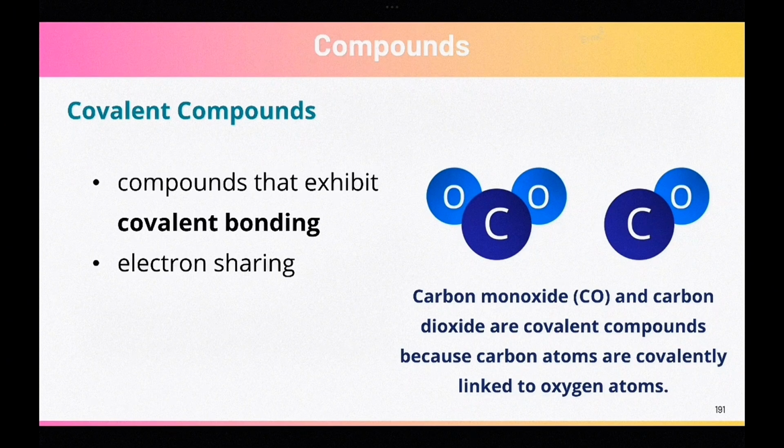For the covalent, these are compounds that exhibit covalent bonding, which means electron sharing. So carbon monoxide and carbon dioxide are considered covalent compounds because carbon atoms are covalently linked to oxygen atoms.